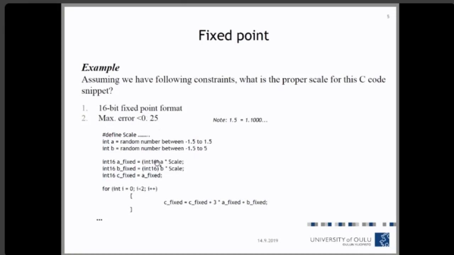So we multiply it by that factor, and then we look at our operation and analyze the situation given these conditions, meaning that we know the dynamic range and the maximum error bound.